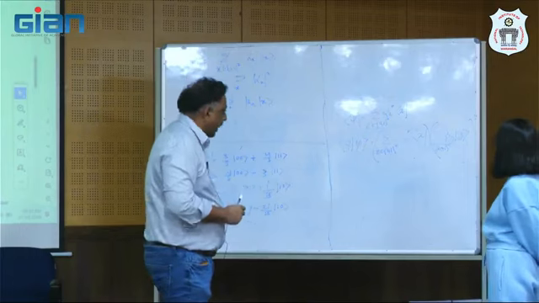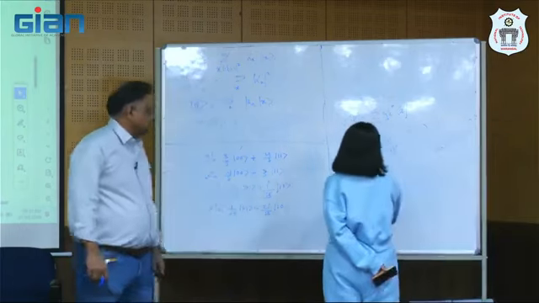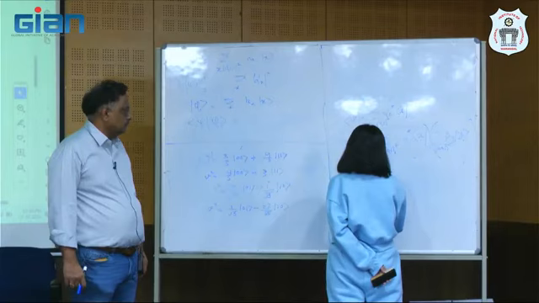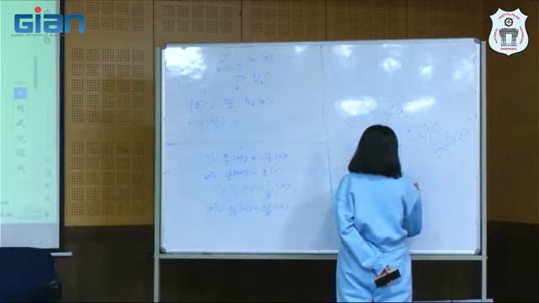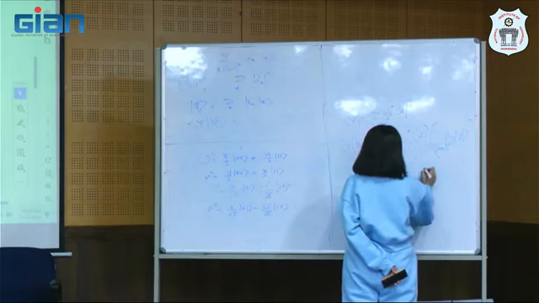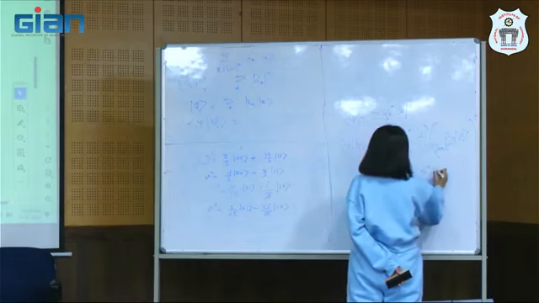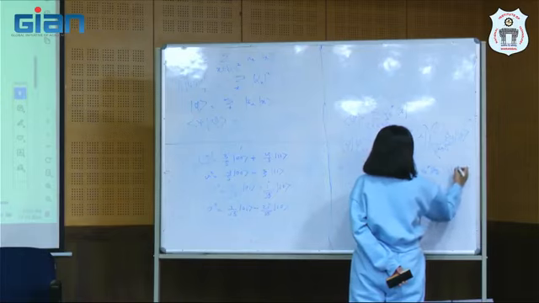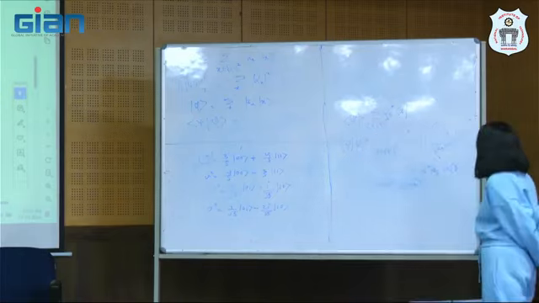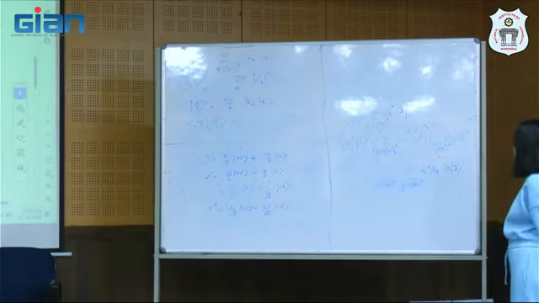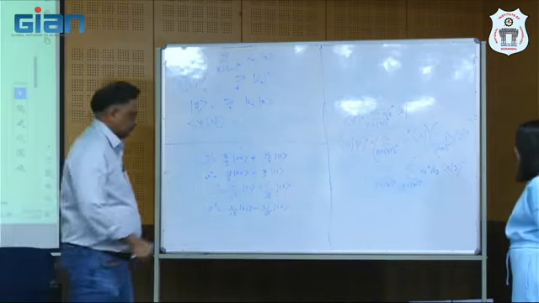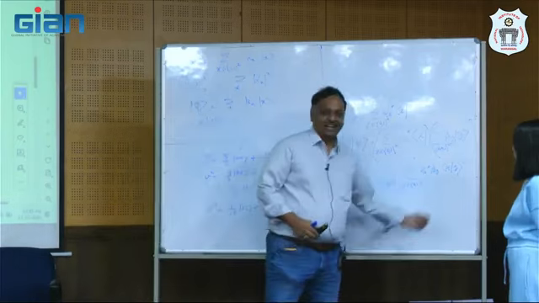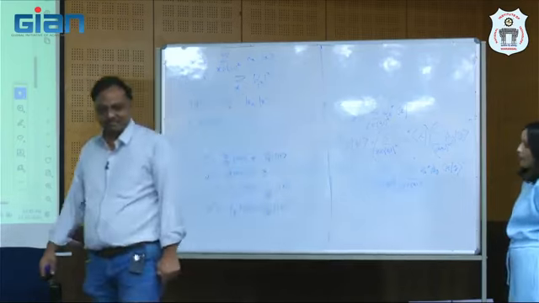Okay, now you multiply. How will the multiplication happen? Yes, now you see this? Now you see this one? Agreed? Now, if x is different from y, what is the inner product? Why is it 0?